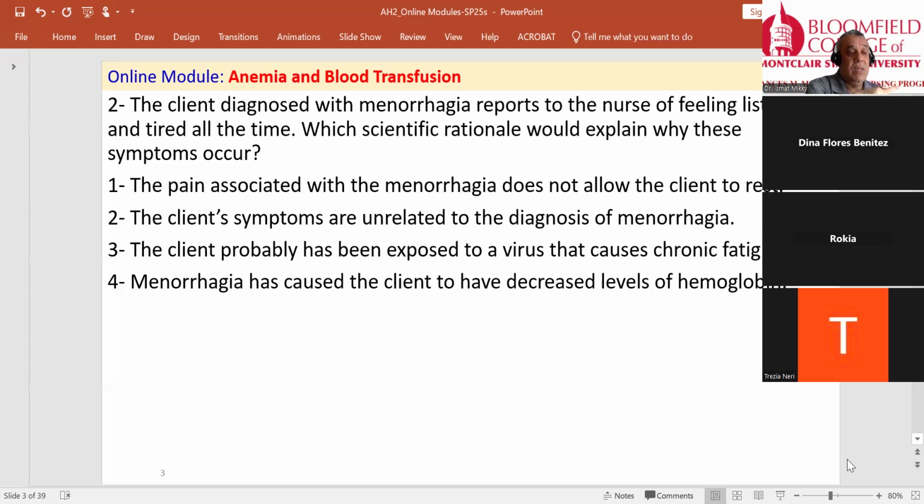I think the answer is straightforward, right? Because menorrhagia usually doesn't cause pain. Fibroids or other factors that cause the menorrhagia may cause pain. If it is fibroid, that's different.